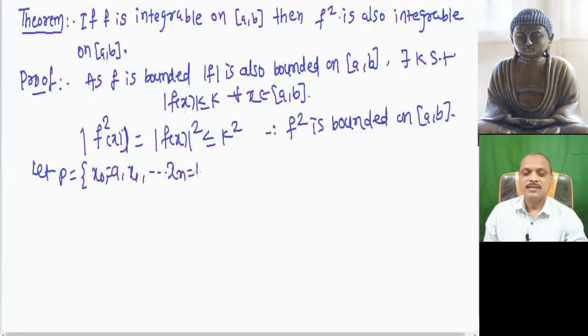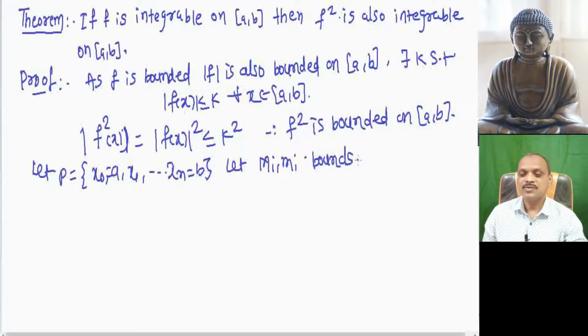For this partition, since the function is integrable, suppose that capital Mi comma small mi are the bounds of mod f.